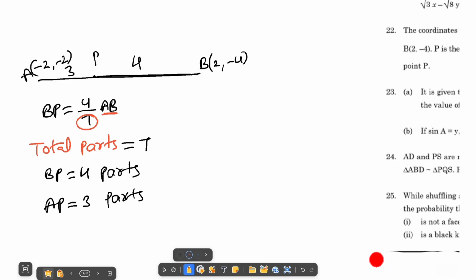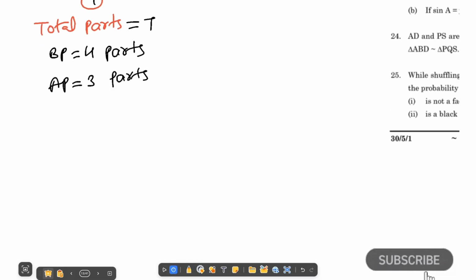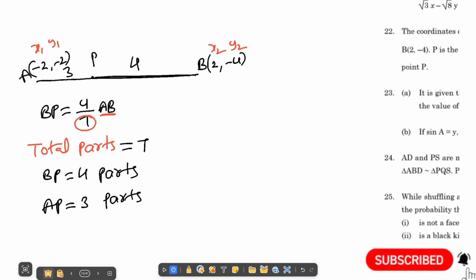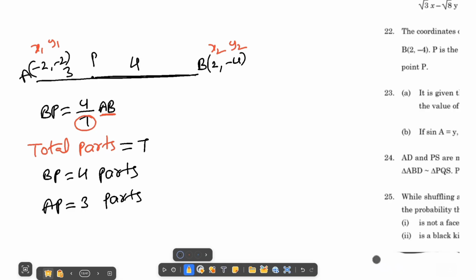So here A coordinates are x1 comma y1 and these are x2 comma y2. So let's write the section formula. Let the coordinates of P be x comma y.